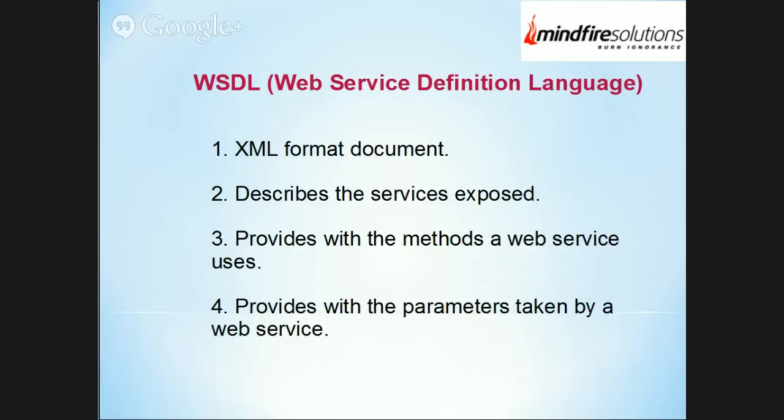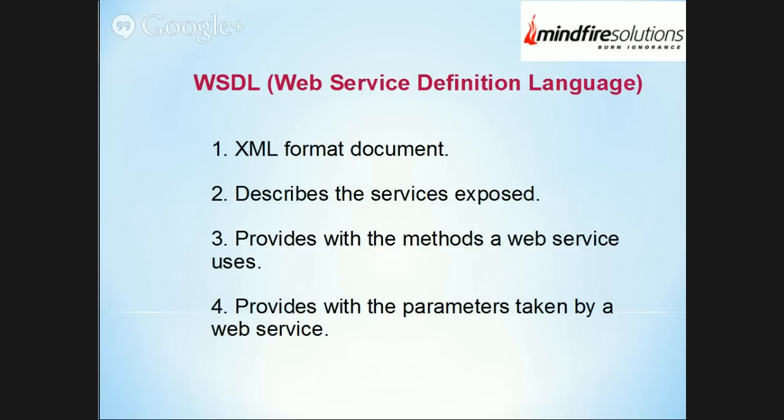For example, you use an air ticketing web service. It will give you the parameters which it will take: the date, the number of passengers, the source and the destination. These are the parameters which you can pass. You cannot pass any random data into that web service.